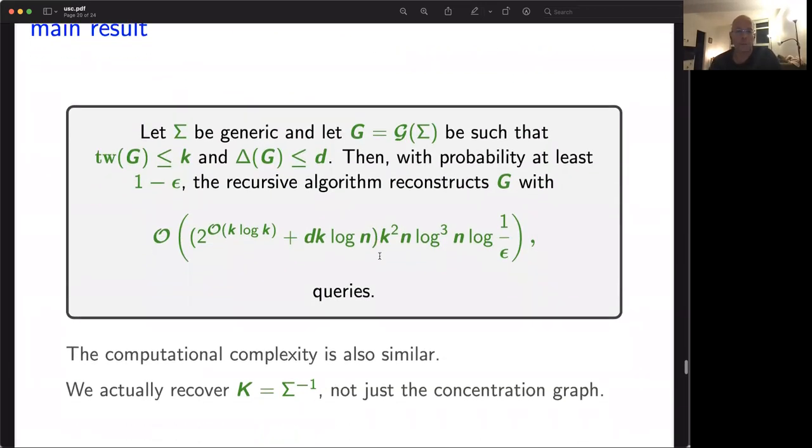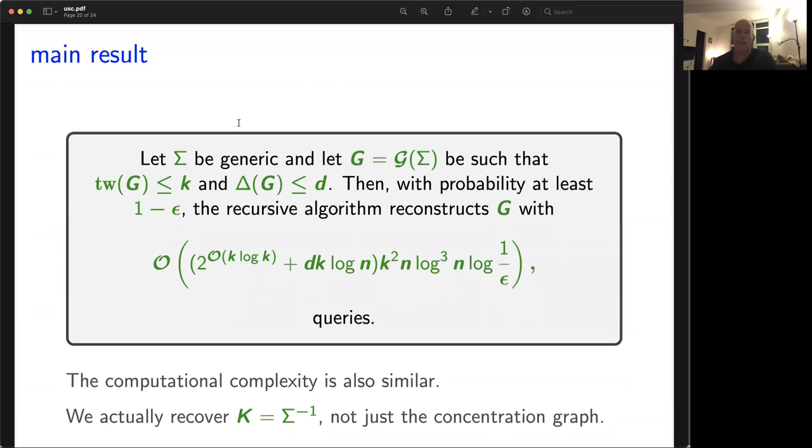So what we have at the end is that if we have a generic matrix, and you can see that this genericity is necessary. There are exceptional graphs where, for example, you can also think about the tree case, if a correlation equals 1, that means that those two variables are identical, and then we have identifiability problems.